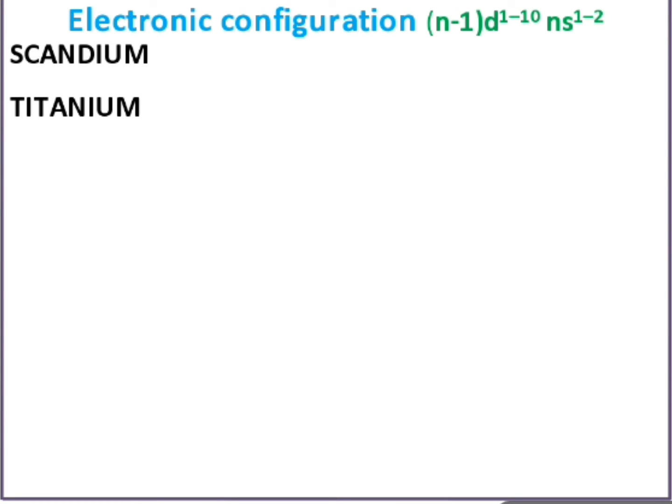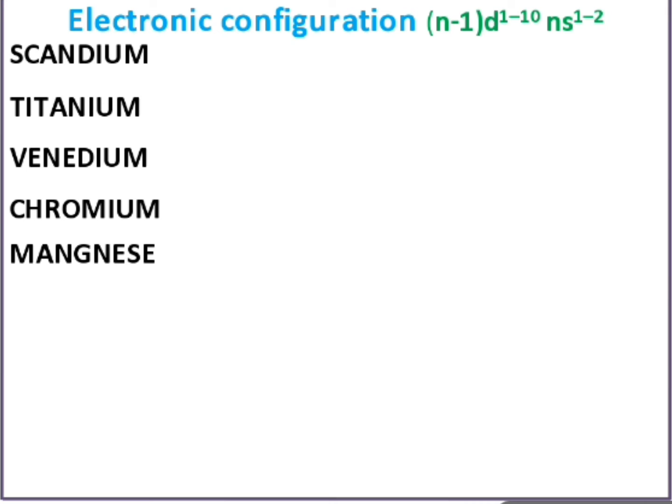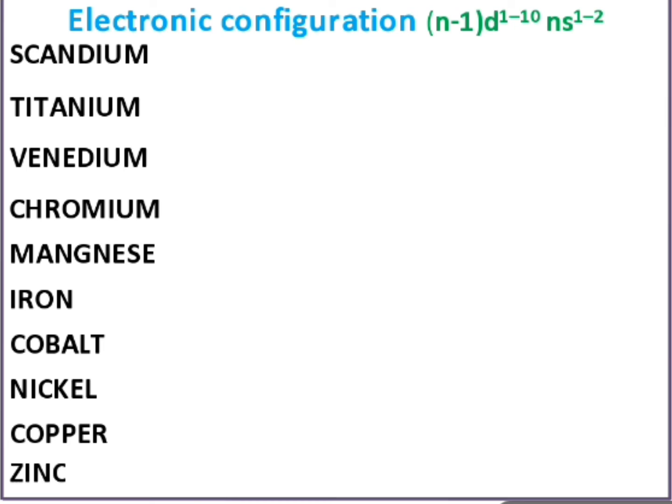First, the name of the elements. These are scandium, titanium, vanadium, chromium, manganese, ferrous means iron, cobalt, nickel, copper, zinc. The symbol of scandium is Sc. Atomic number is 21. So first write the symbols of these elements.